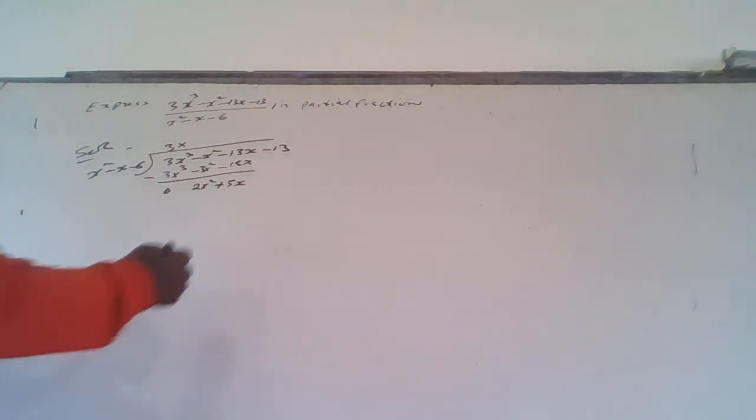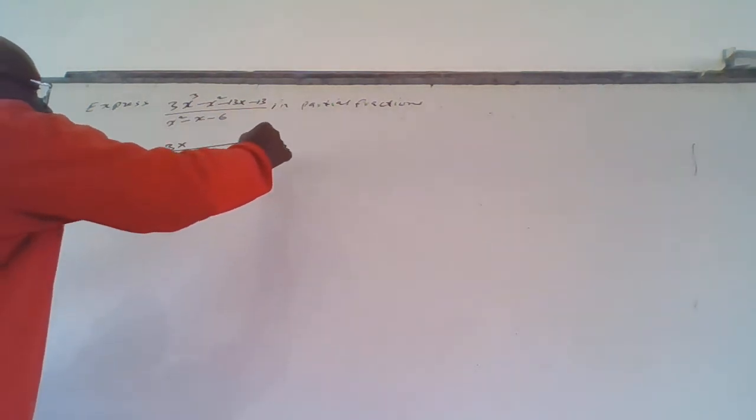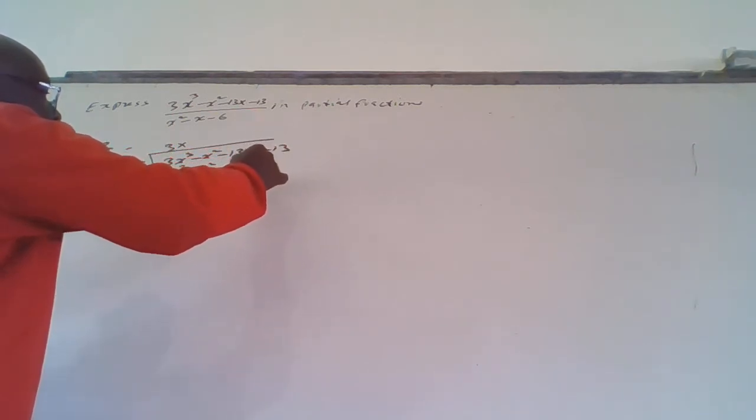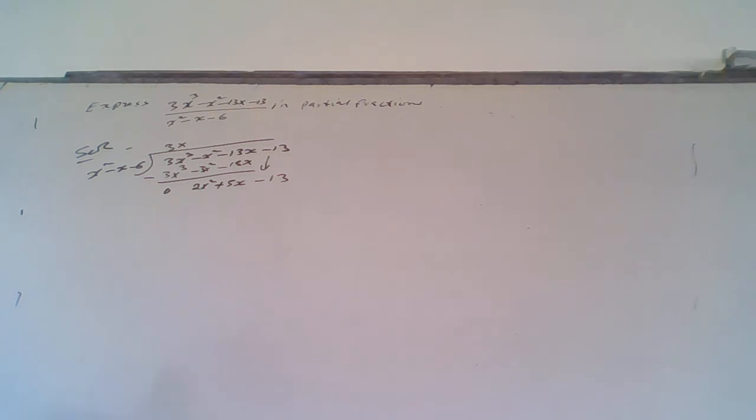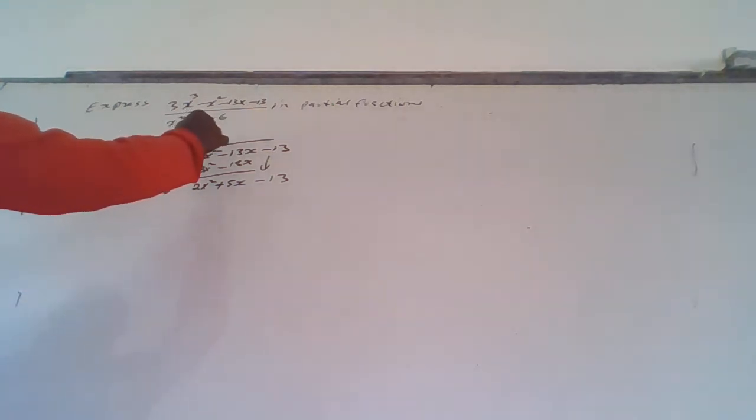Then we bring down minus 13. Again, we ask ourselves, what number when you multiply by x squared gives 2x squared? The number will be plus 2.